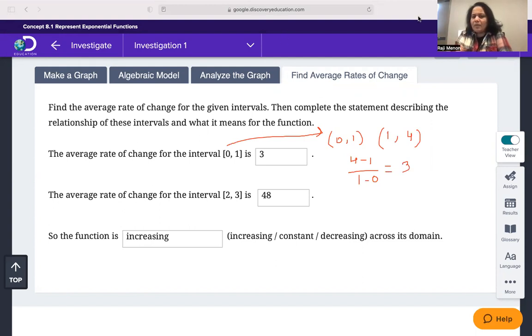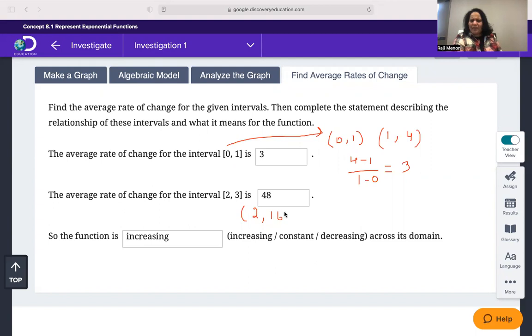Okay, give me 1 second. So this is how you find the average rate of change. Then change the points and find the answer. Same thing you have to do here. Make sure you are changing it into coordinates. So 2 means 16, right?